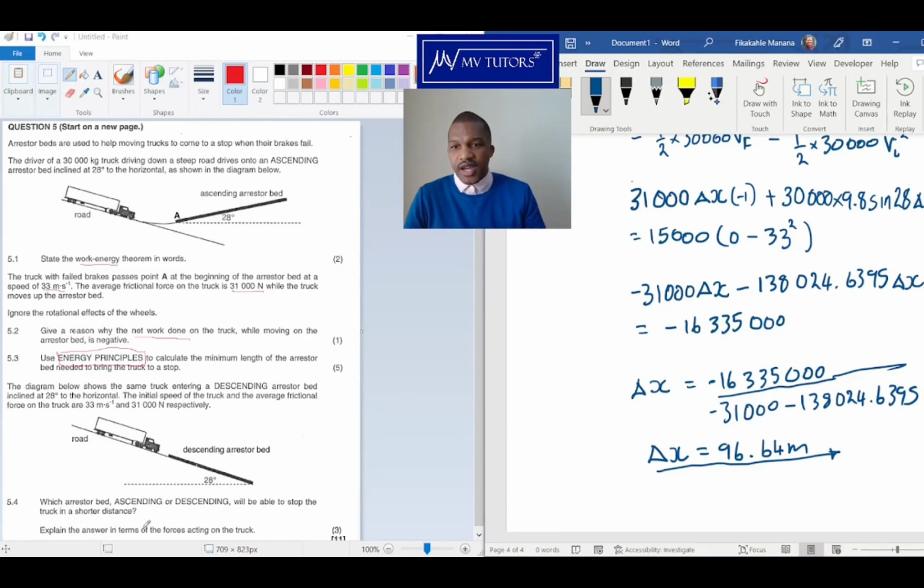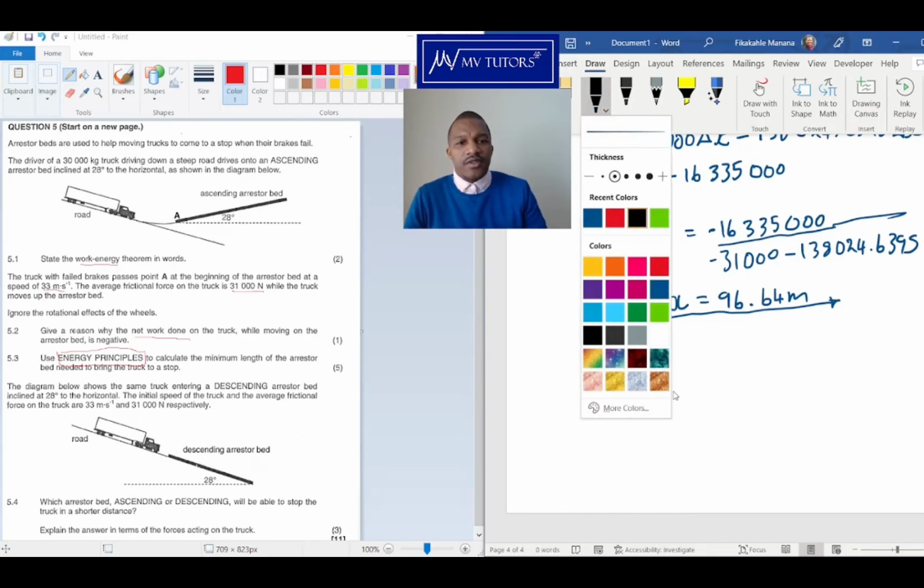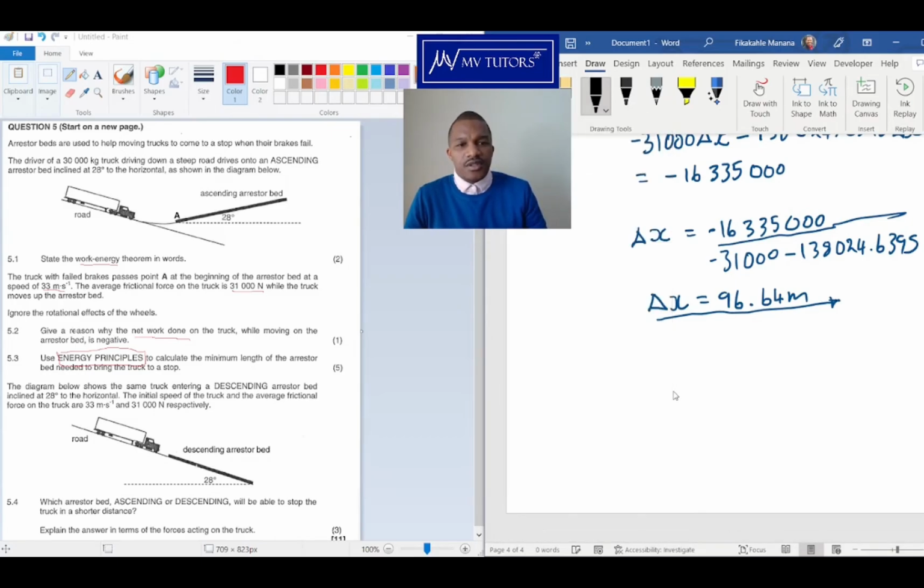Explain the answer in terms of forces acting on the bed. Okay, so under scenario 1, we do know and we have established this.